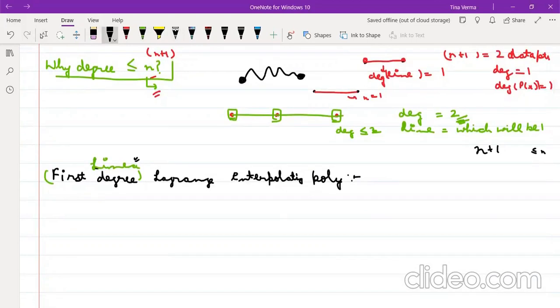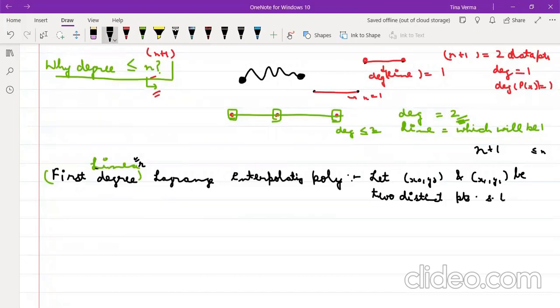So when you are talking about linear, that means you have two distinct points, let x0, y0 and x1, y1, such that the function value at x0 is y0 and the function value at x1 is y1.